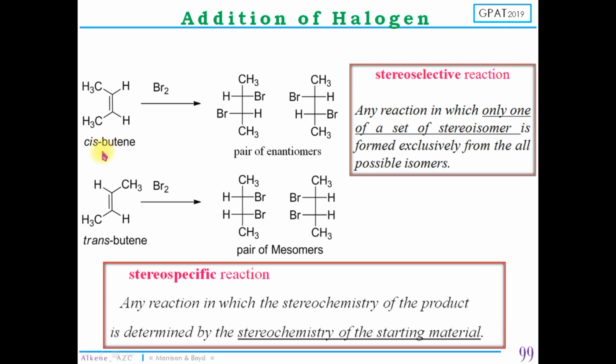We can also say if we choose cis-butene, we will always get enantiomers, while if we choose trans alkene, we will get the meso compound. So here the stereochemistry of the product is determined by the stereochemistry of the starting material. So this reaction is also a stereospecific reaction.